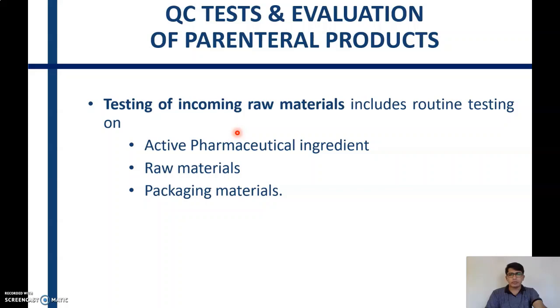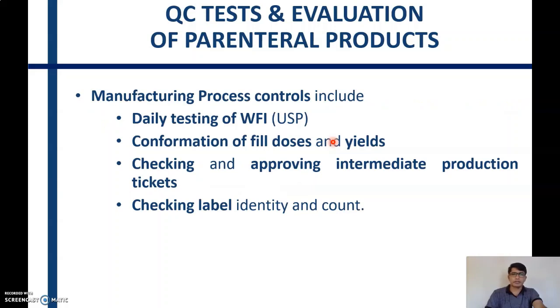Testing of incoming raw material includes routine testing of the active pharmaceutical ingredient, and testing of raw materials and packaging material used for the parenteral preparation for any presence of contaminating microorganisms, pyrogens and other particulate matter.